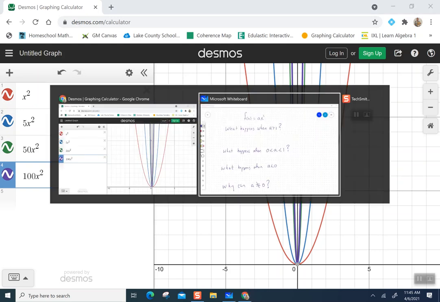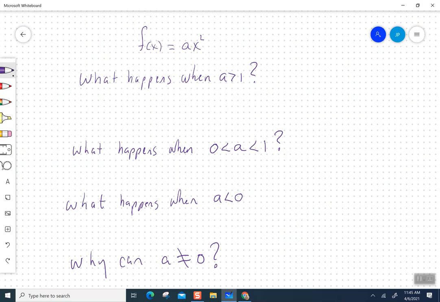So now we could come back here and say, well, what happens when a is bigger than 1? We end up with a vertical stretch. So, in other words, instead of looking like this, it looks like this.